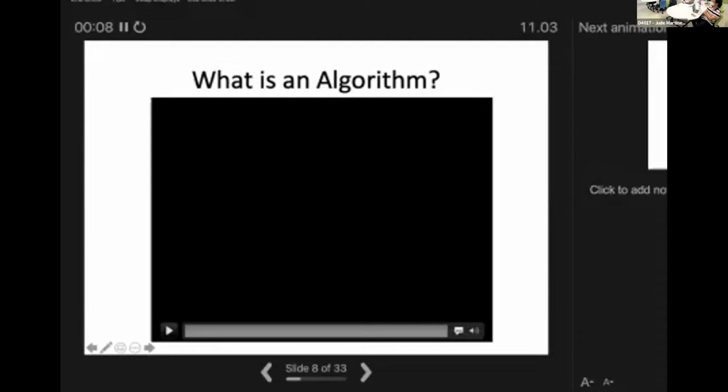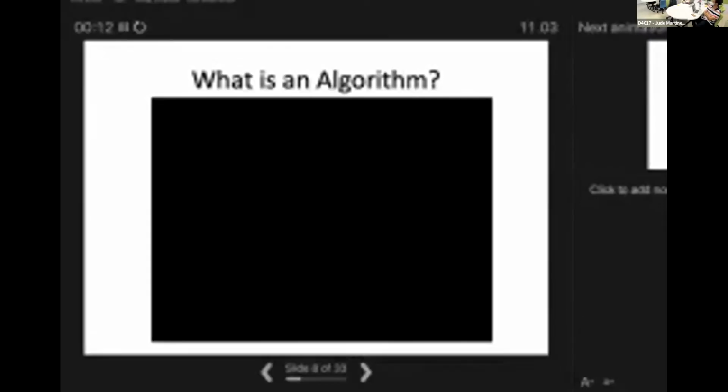It's pretty much very simple. We looked into what computer science is and what role we play as students and as future computer science professionals, right?